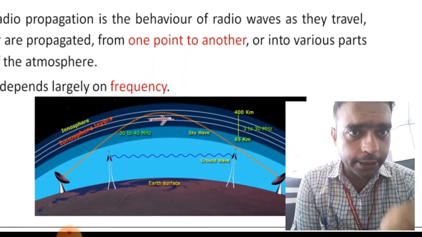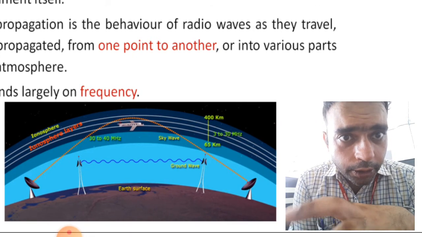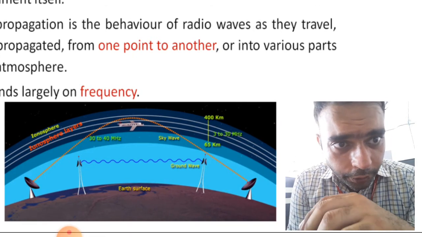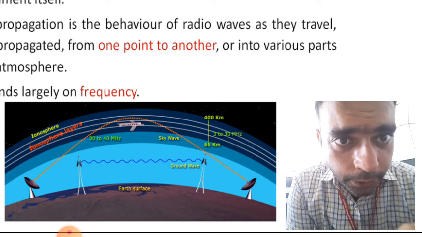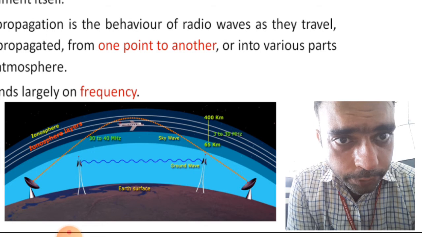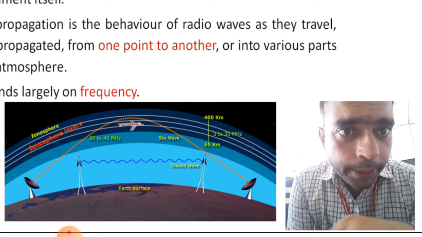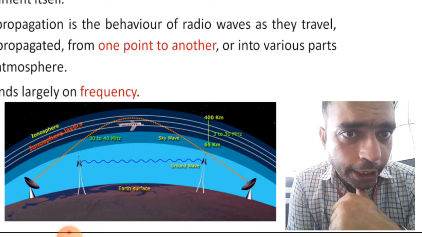So here is an example in which the signal moves at a particular frequency. Below the ionosphere layers, we can see the 30 to 40 megahertz frequency in the sky wave.